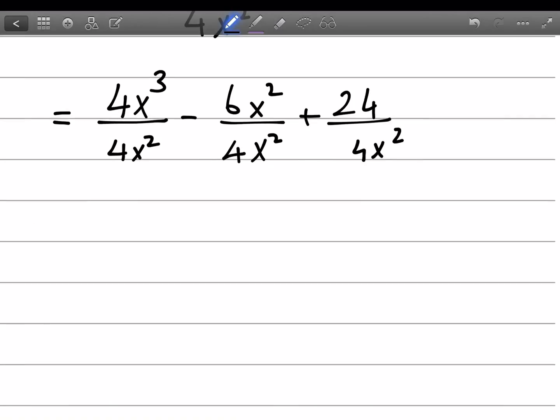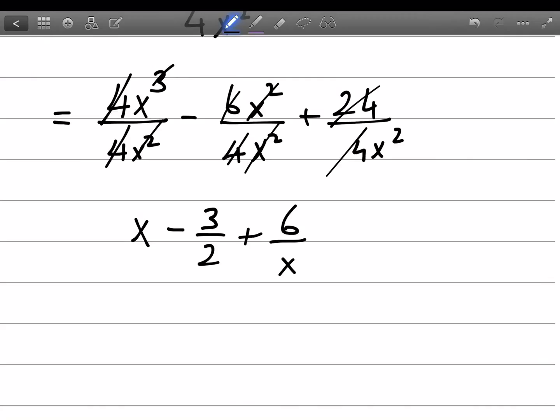Then the 4's are cancelled, and we have x here, and here the x squares are cancelled, and we have 3 over 2, and here we have 6 over x squared. That is y prime, in the simplest form.